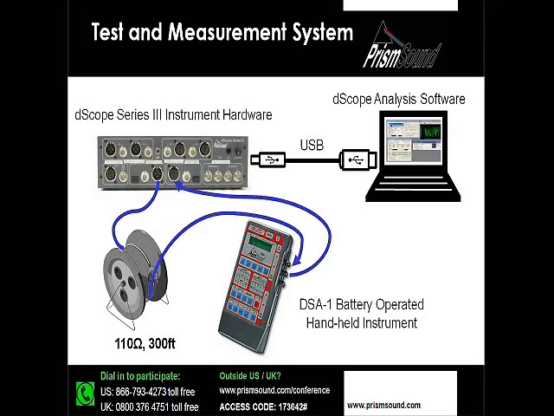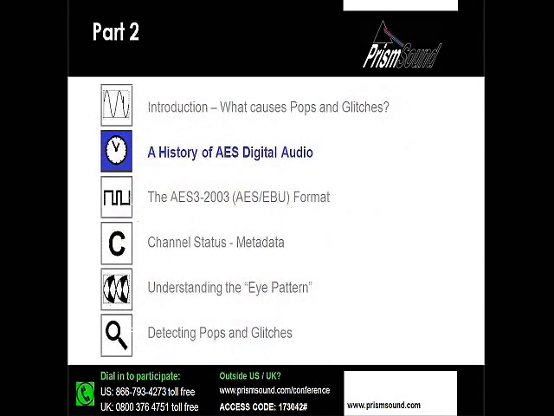Now, this is a battery-operated handheld instrument that mimics the measurements that you'll be seeing done on the D-scope today, and we're going to use that in the loopback mode, where it can be inserted in the signal chain without disrupting anything, and you can actually monitor the quality of your transmission and carrier path while you're on air. And then out of the DSA-1 and back into the D-scope for analysis.